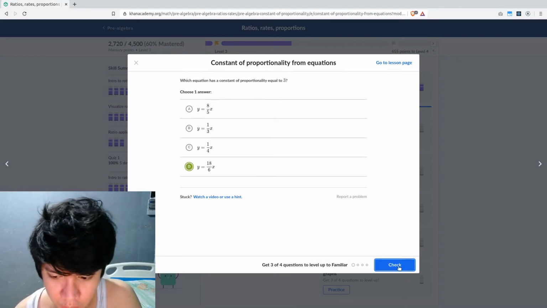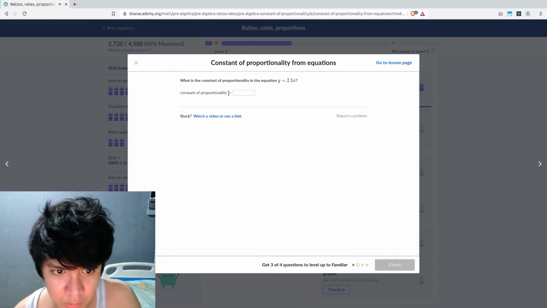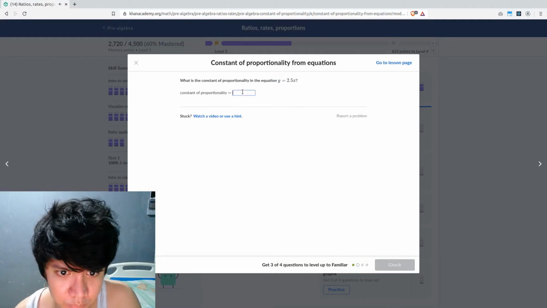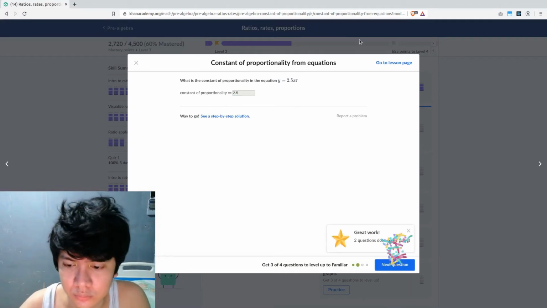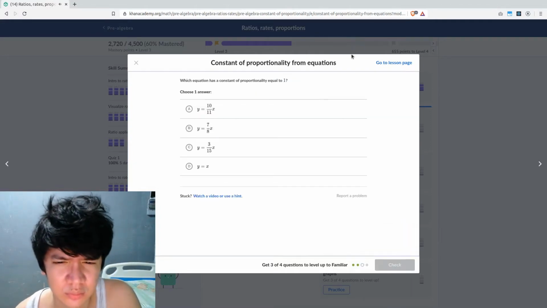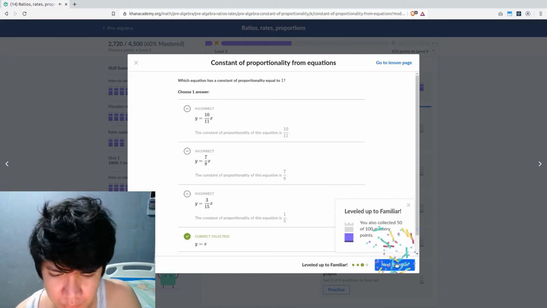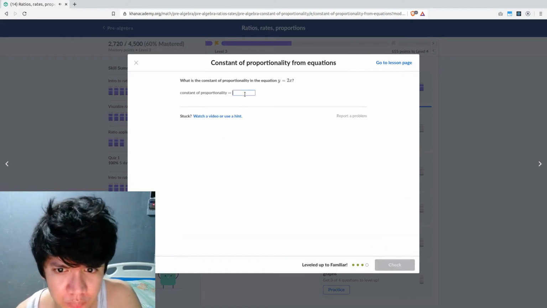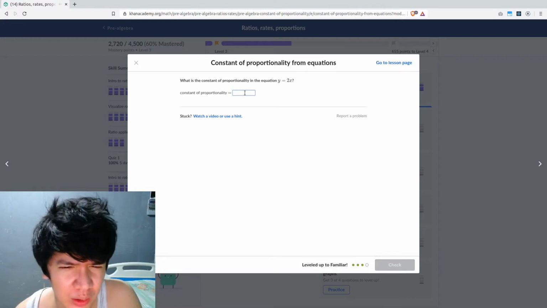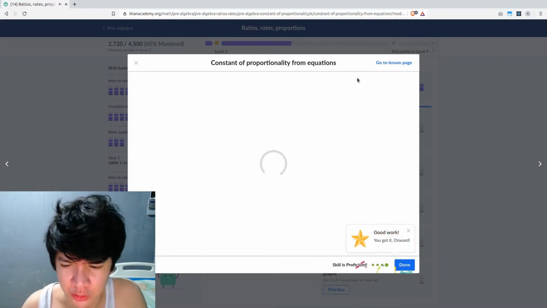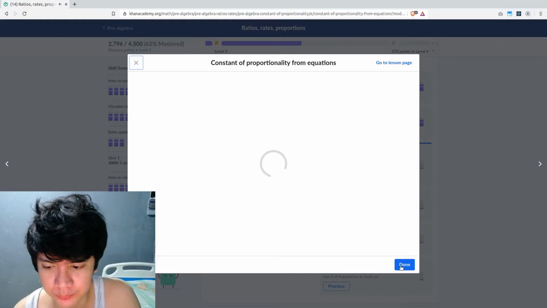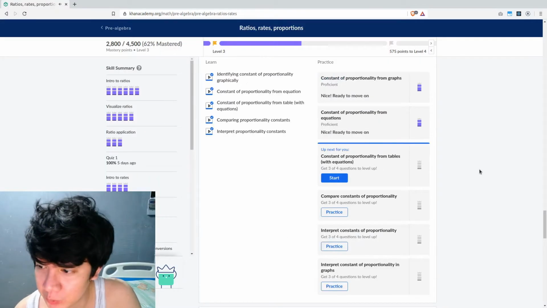This one's 3. Equal to 1. 2, okay. Wow, I thought this would be much harder.